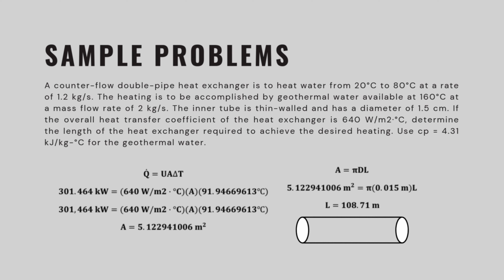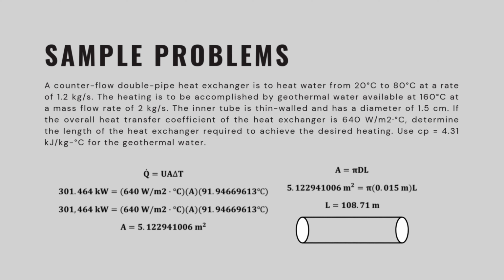So now let's use our computed value for the rate of heat transfer as well as the log mean temperature difference in order to find the area, which would be easy since we already have the total heat transfer for this heat exchanger. Now manipulating our values, we get our area at 5.122941006 square meters.